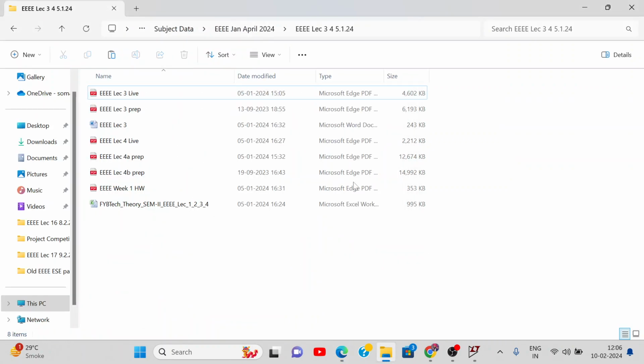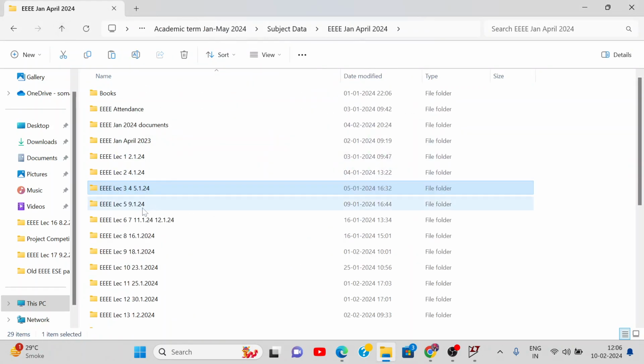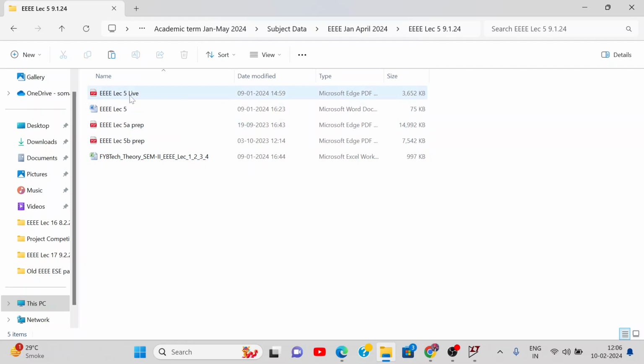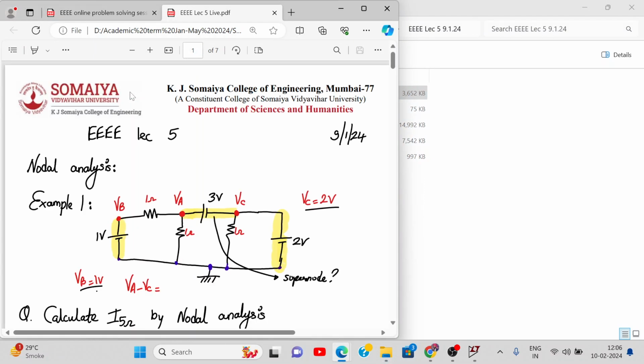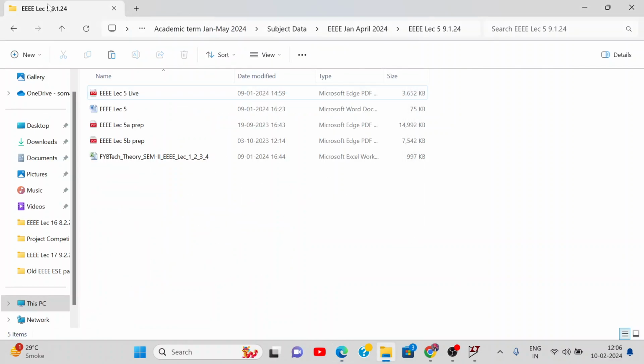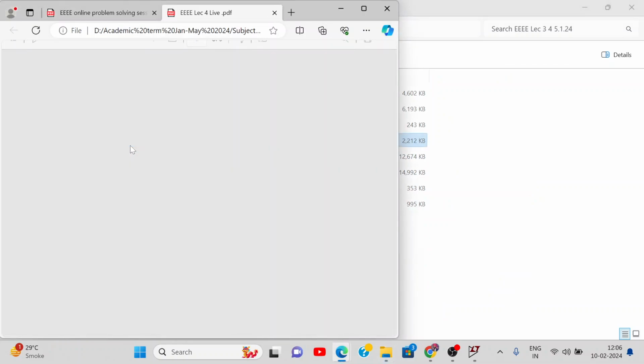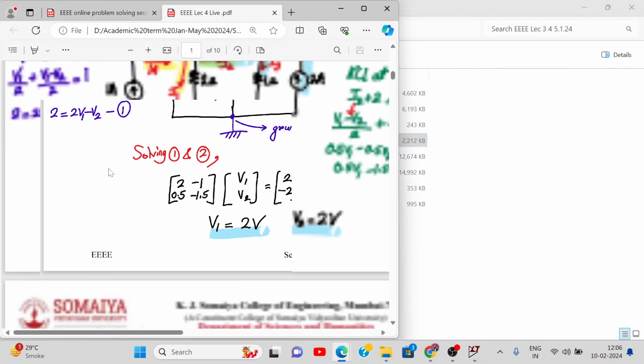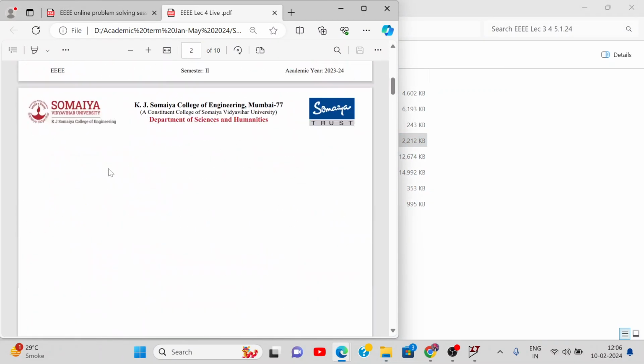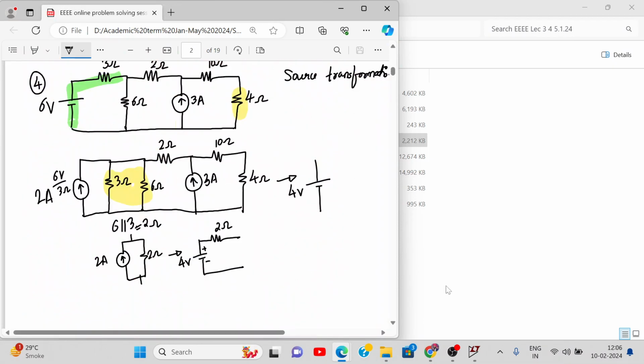Not this. Let me just cross check the direction. Oh, this is source transformation. No. Yeah, this it must be. No, this is also nodal.